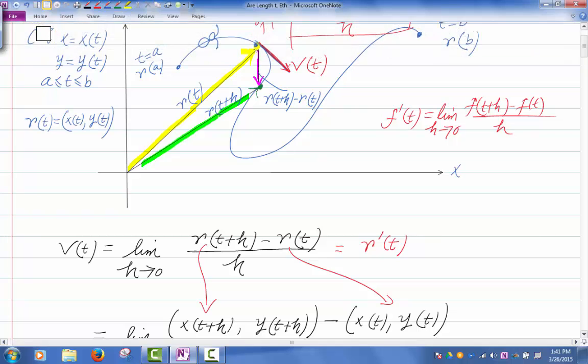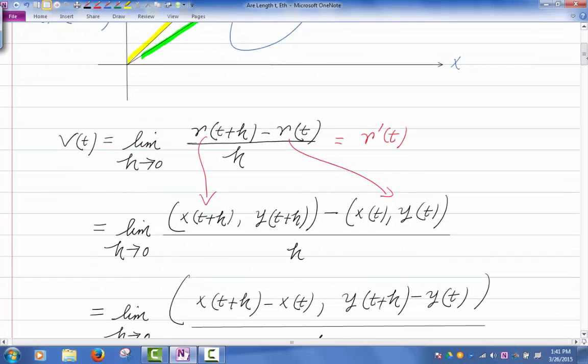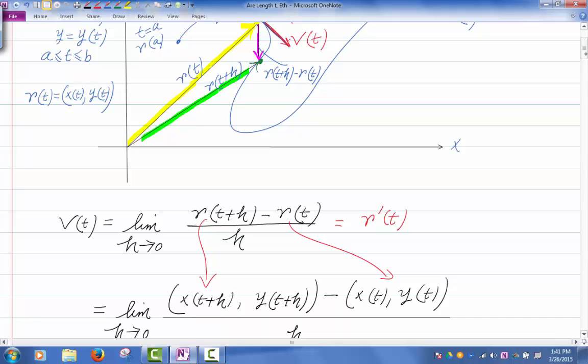Now the question is, what is that limit? Well, let's plug in. What is r of t plus h? That's the position vector at time t plus h. And r of t is x of t, y of t.